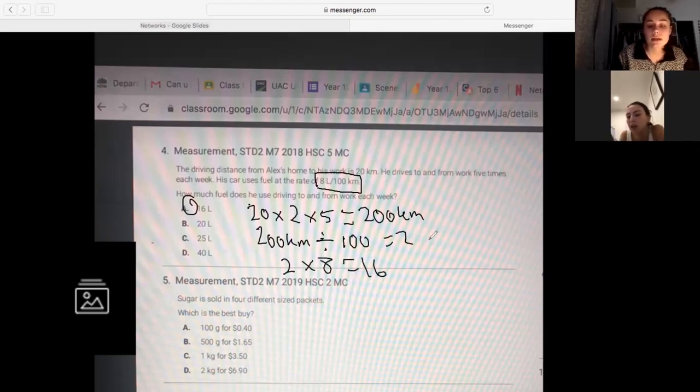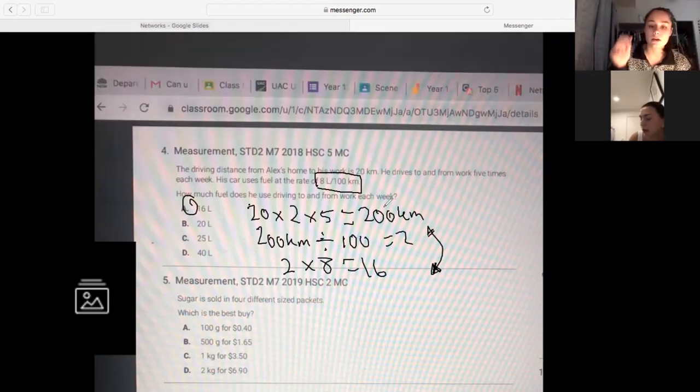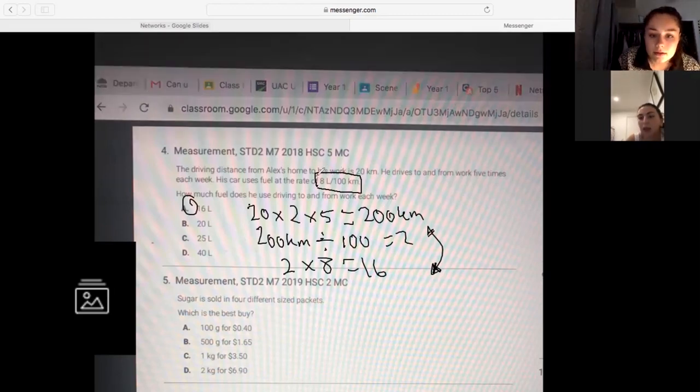Because these 2 steps are interchangeable. So you did the times first, 200 times 8, and then you'd have to divide by 100. Whereas I did 200 divided by 100, then times 8. Does that make sense? Yeah. So you can do the times or the divided, but just so you know, the 100 is the divided by and the 8 is the times part. That makes sense? Okay. Cool.